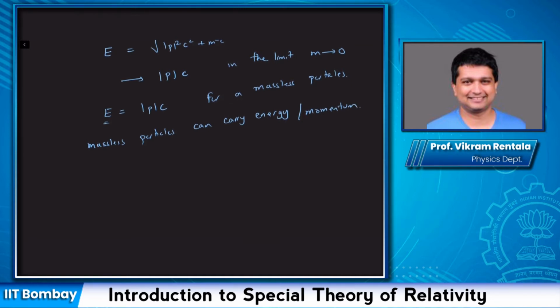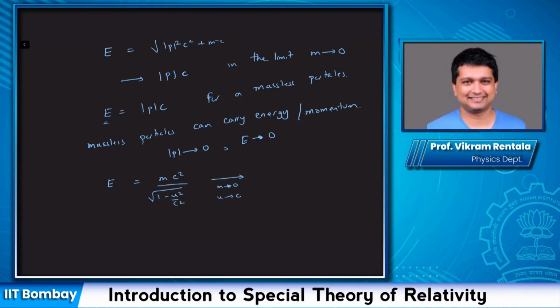In fact, if the particle has 0 energy or 0 momentum, such a particle would never really exist. To exist, it must always have at least some small finite momentum or finite energy. So if we look at the exact expression for energy in terms of velocity, mc² over the square root of 1 minus u²/c², we're going to a very peculiar limit where the mass goes to 0 and the speed goes to the speed of light.